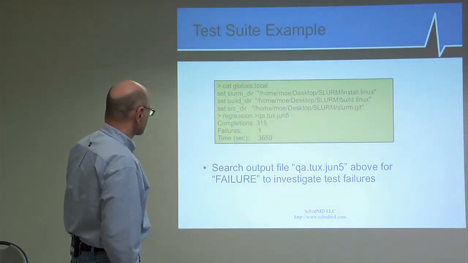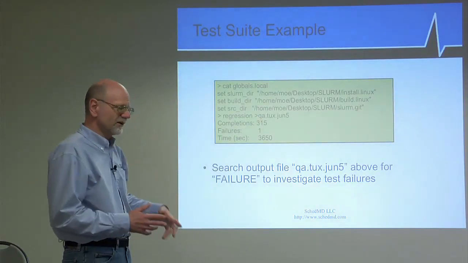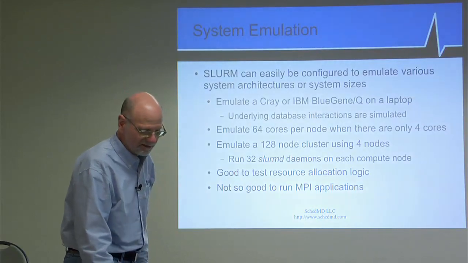And if failures happen, if you look in your log file, if you look for the uppercase word failure, it will take you exactly where the failure occurred, so you can find it.